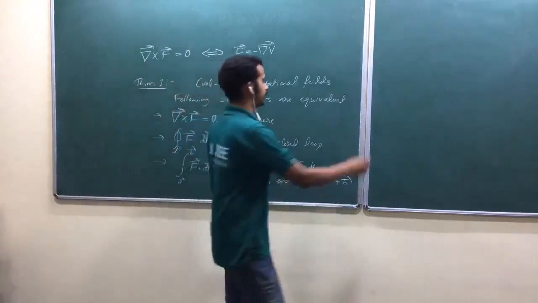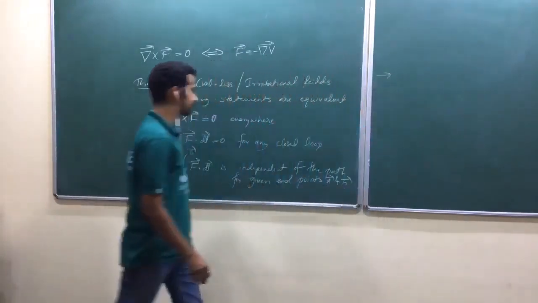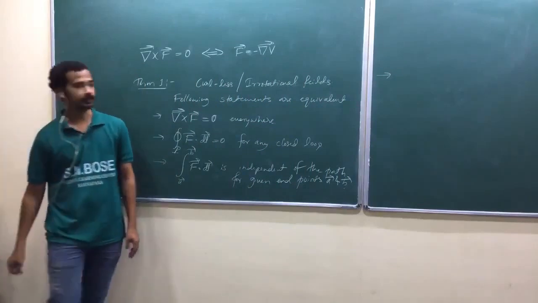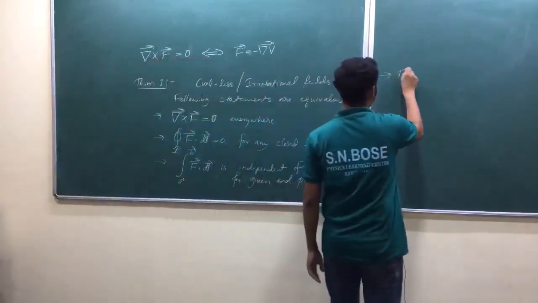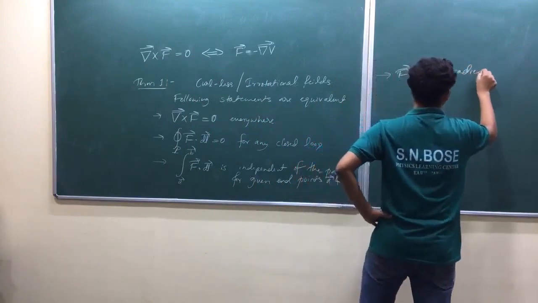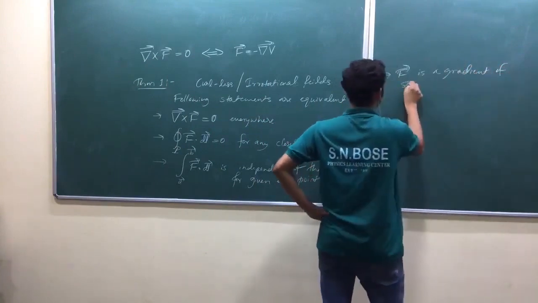So the next statement is again the same as earlier. F is a gradient of some scalar function. Write down in a sentence: F is a gradient of some scalar function.